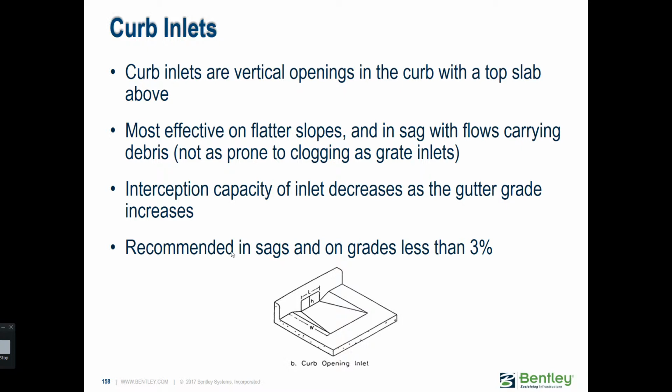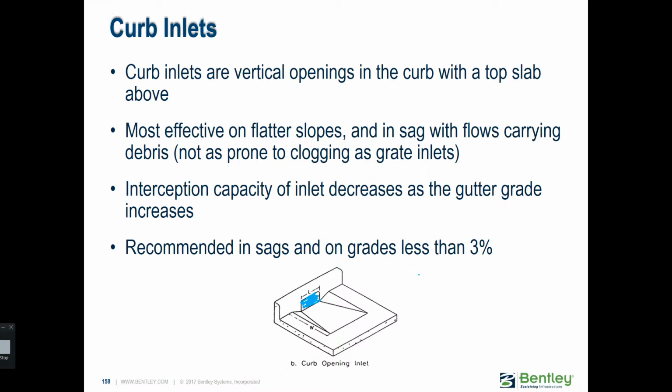Other types of inlets are curb inlets. Let me grab my pen right here. So basically it's an opening like this. So the water actually goes in through this blue spot right here. You can specify all the dimensions, the length, the height, the width, and here are some recommendations for in-sag locations.